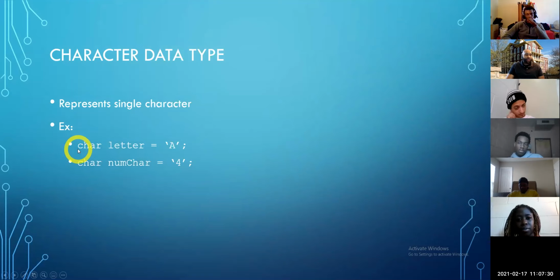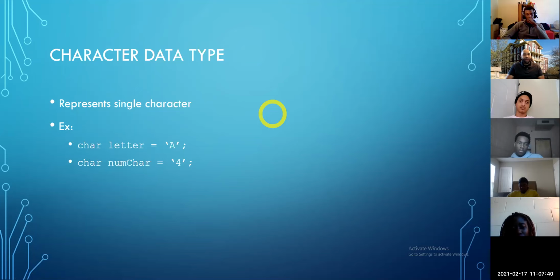Char letter equals 'A'. Char numChar equals '4'. Both of those are characters. Again, it's one single character. Note the single quotations; double quotations would make this a string, which is what we'll talk about next.